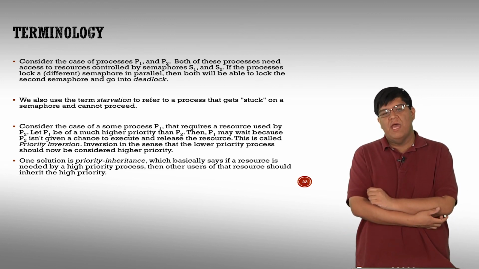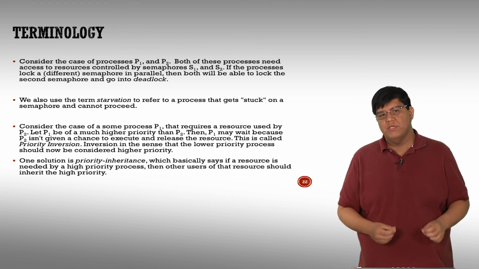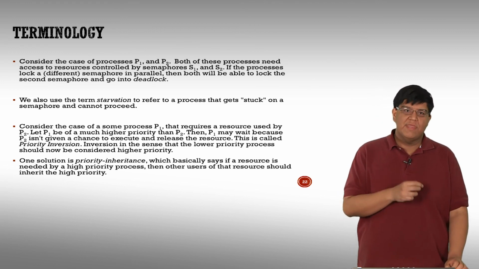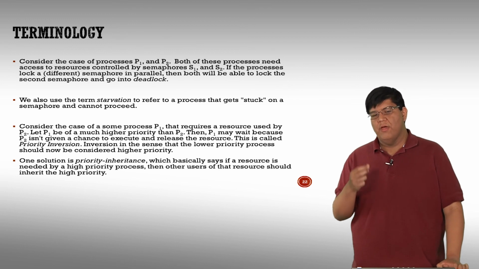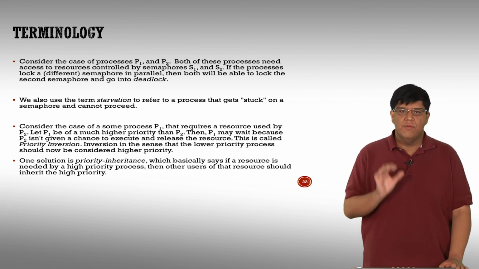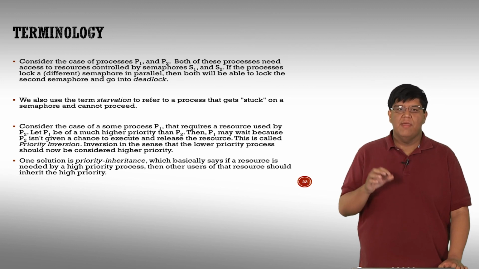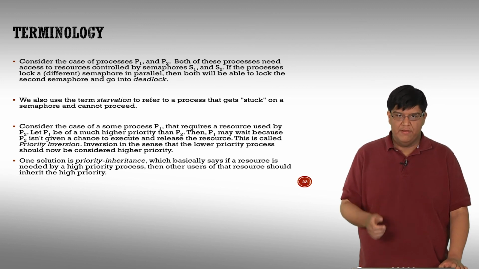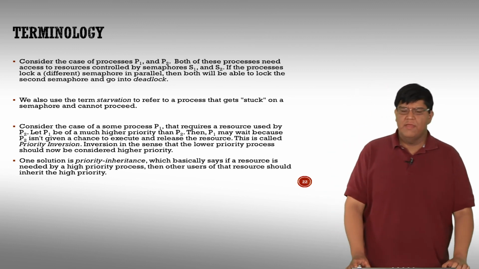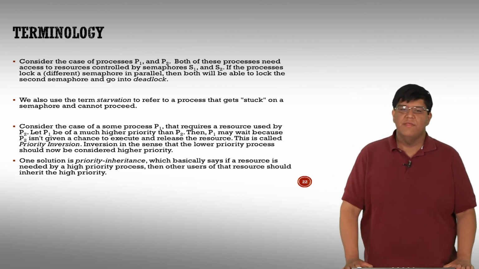And so really we want to elevate privileges on that one and make sure that it'll complete, it'll make that resource available, and then that high priority thread will have a chance to complete. So this is what we call priority inversion. There is that issue where the lower priority thing is blocking the higher priority thing, and really we need to elevate it. So there are a couple of different mechanisms we could use to resolve this.